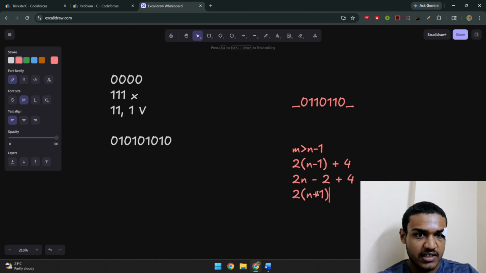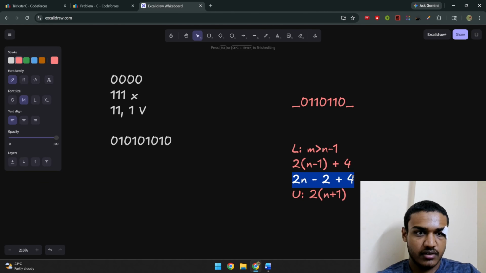If you take the 2 outside, you get 2(n plus 1). So if this is the lower criteria, and just write L for lower, I can safely say this is the upper criteria.